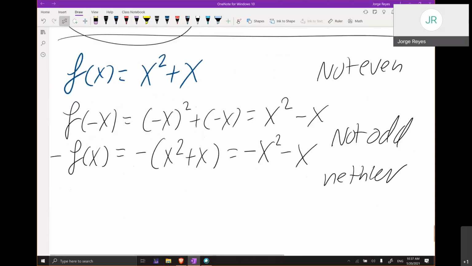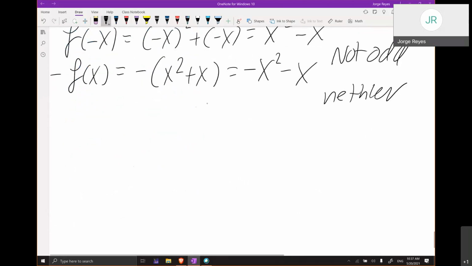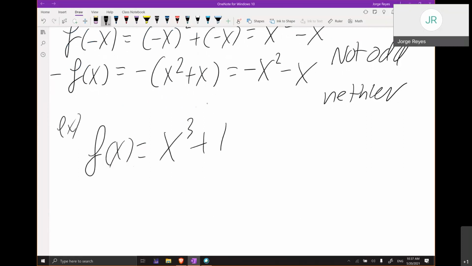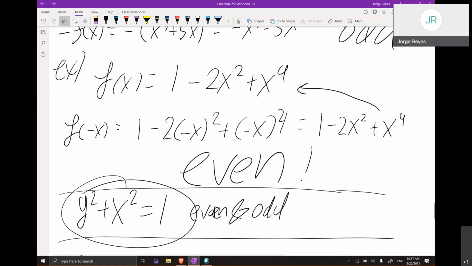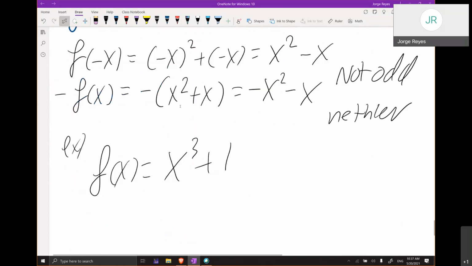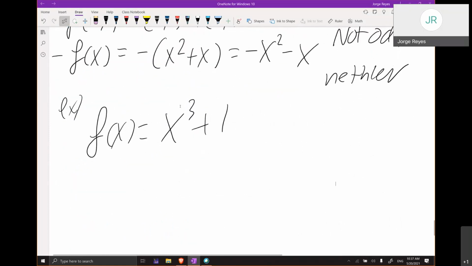And then let me be careful. Last example: x cubed plus 1. You might think this is odd because you're seeing some patterns, which are correct. If every power is even, then it's even, and if every power is odd, it's odd. But with this one, when you plug in the negative x, you're going to get this.